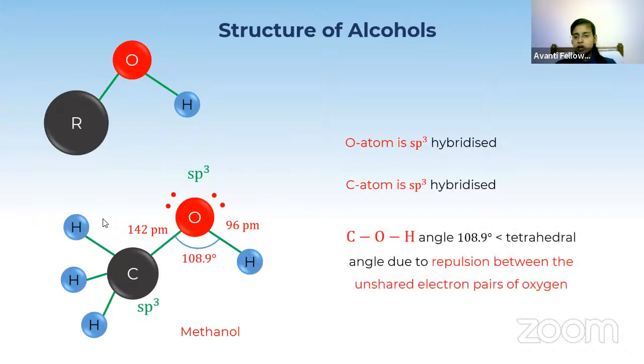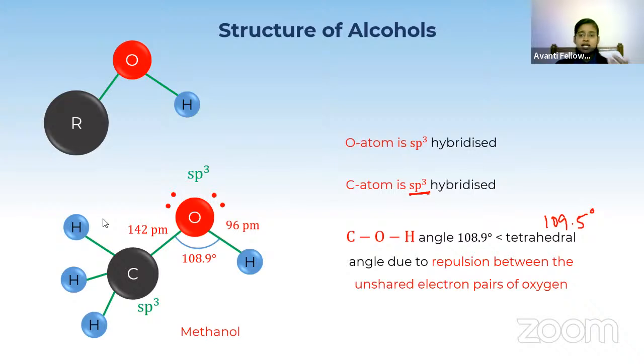The COH bond angle is 108.9 degrees, which is less than the tetrahedral bond angle. What is the tetrahedral bond angle? 109.5 degrees. And 108 is less than 109, right? sp3 hybridization means the geometry should be tetrahedral and the bond angle should be 109.